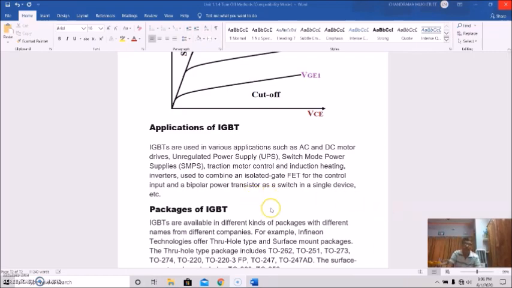I told you: AC and DC motor drives, unregulated power supplies, switch mode power supplies, UPS, traction motor control, inverters. They are used to combine an isolated gate FET control input and a bipolar switch in a single device. So these are some applications, and there are many more.